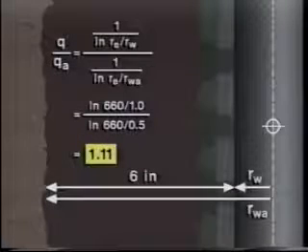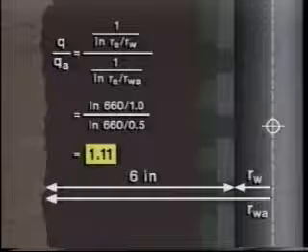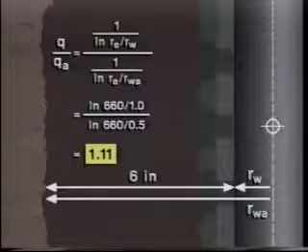As shown in this example, only a slight productivity increase of 1.11 times the natural productivity could be realized. On the other hand, significant production increases can be realized from a matrix acid treatment when skin damage is present.